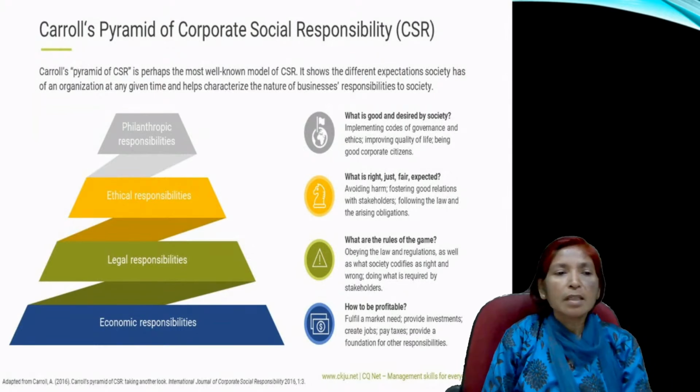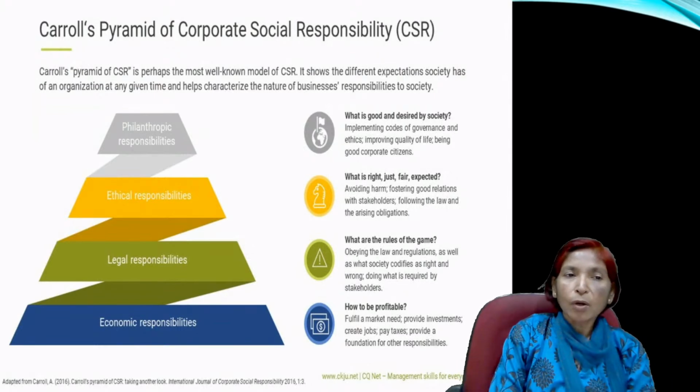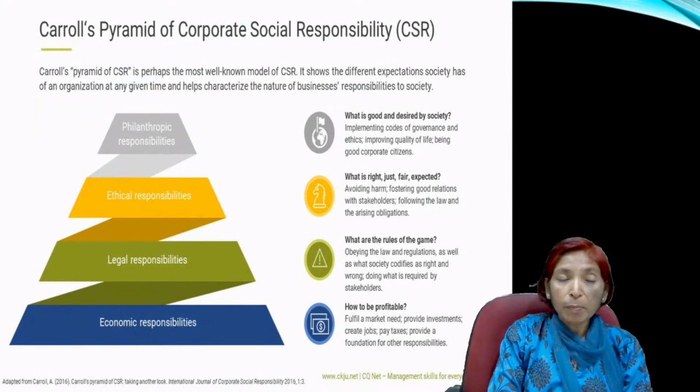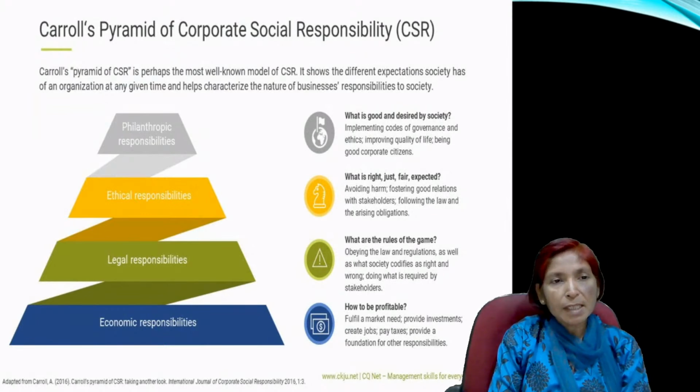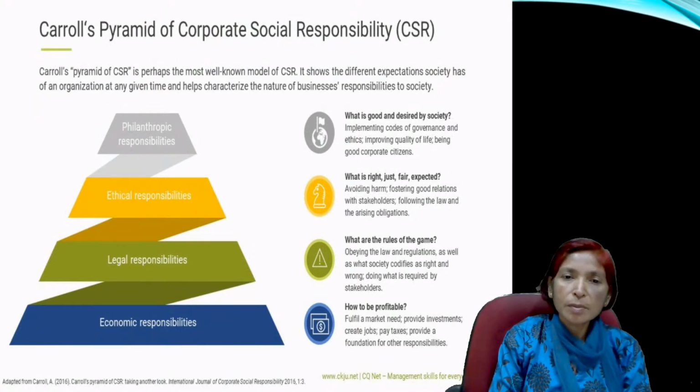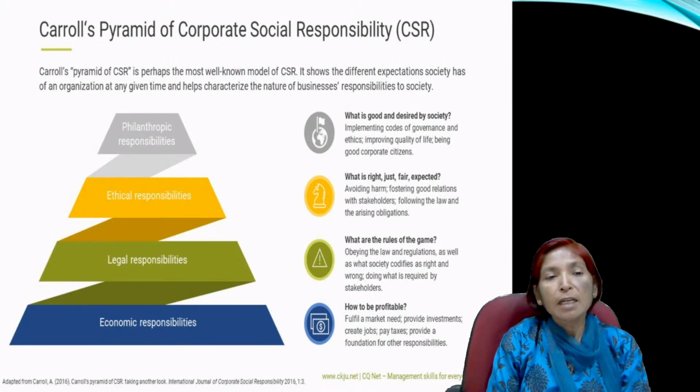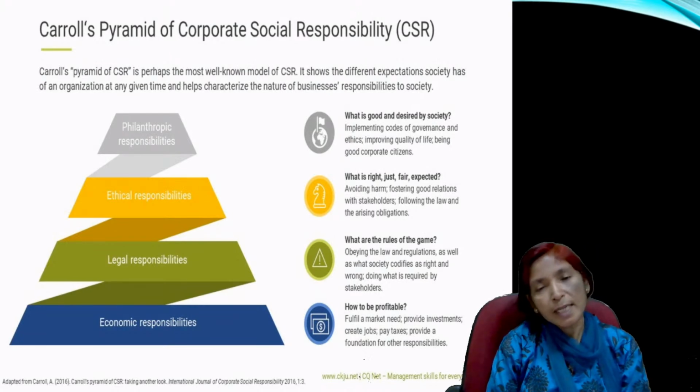It means this is the pyramid of Carroll because Carroll presented this model of CSR. That's why its name is Carroll's pyramid of corporate social responsibility. And this is the well-known model of CSR.